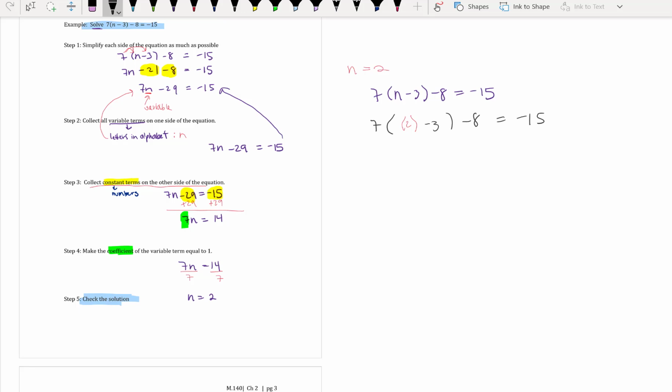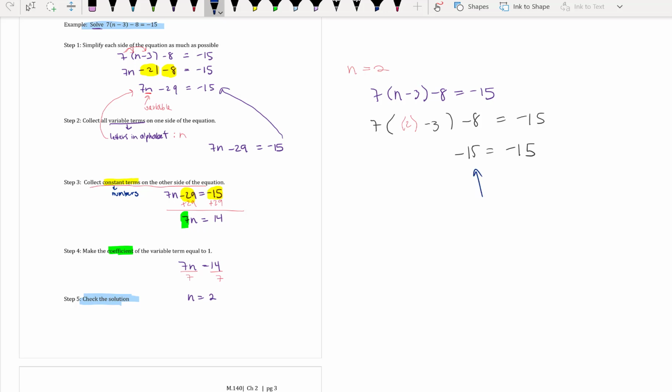So if we simplify this, you can just plug it into your calculator, 7 parentheses, and you can do your parentheses again with that 2 inside of it, minus 3, close your parentheses, minus 8, and you get a negative 15. And on this side, you already had a negative 15.